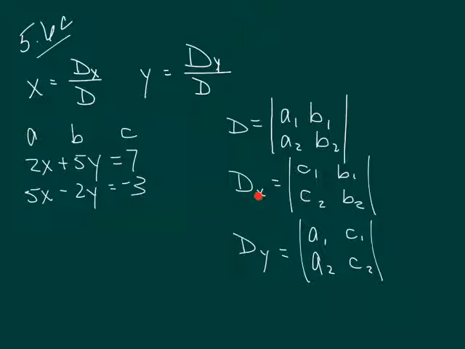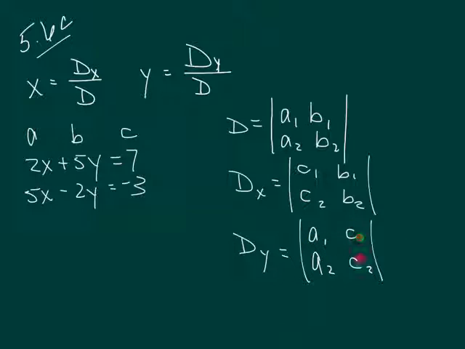To find dx, because I'm looking for an x, I'm going to substitute my C column for my x's, and then my b is going to stay there. So my b is the second column, and I'm going to stick these two over in this position right there. When I'm looking for y, I'm going to replace my b column with c.